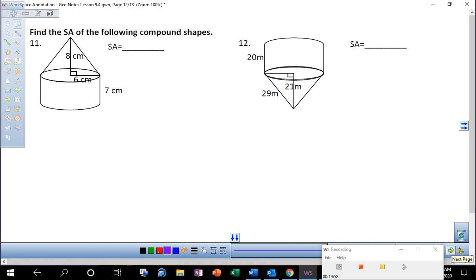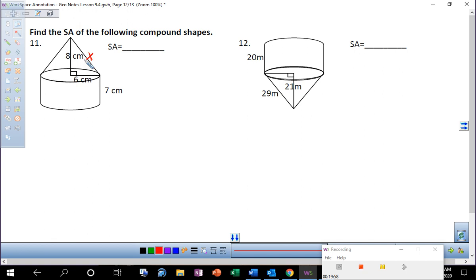So on number 11, for my cylinder, I've got my radius and my height. I've got the two things that I need, so I'm good to go there. But on my cone, I've got the height and the radius. Well, for a cone, I know I'm going to need that slant height, and I don't have that.